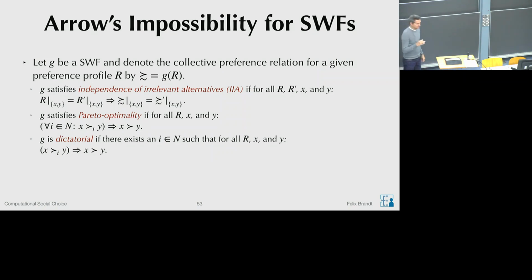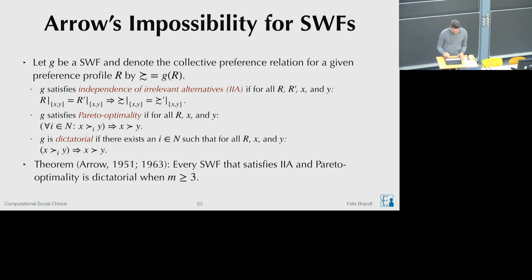For mathematicians and hopefully also some computer scientists, you know that a projection would be a social choice function where the collective preference relation would be completely identical to the preference relation of one of the voters. That's slightly different here, because here we only say that if there's a strict preference for this dictator, then this also inherits to the collective preference relation. It doesn't say anything about weak preferences.